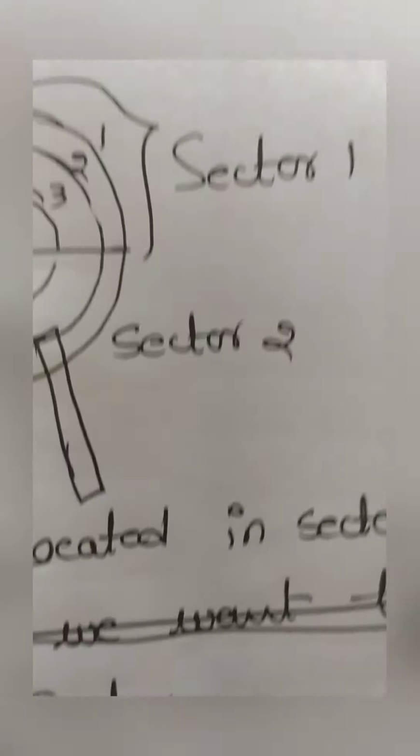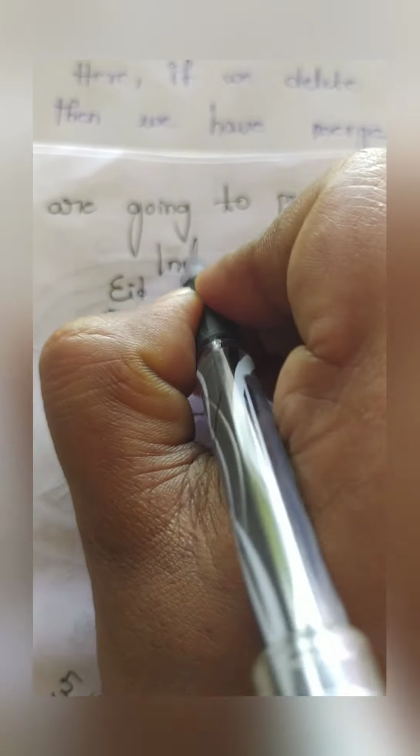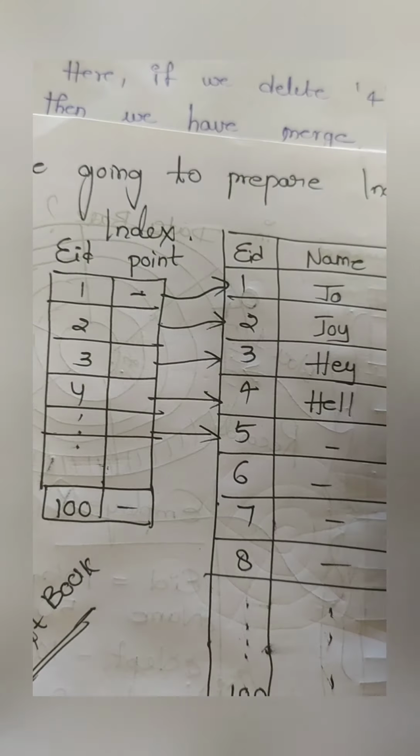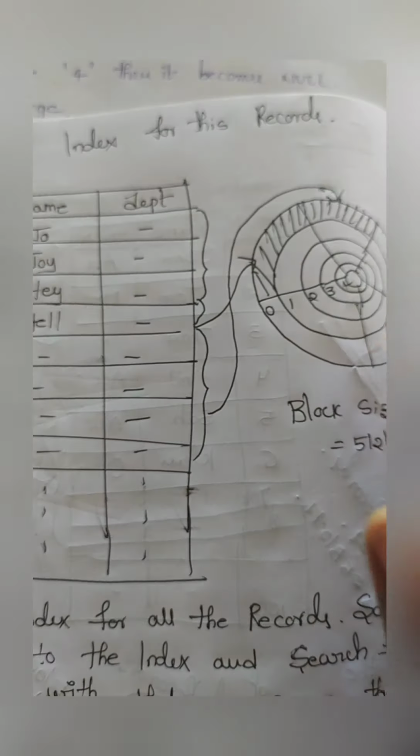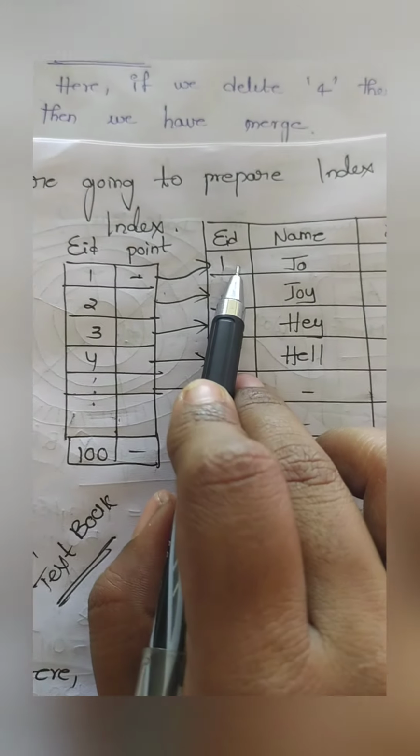Here we have taken the index as well. This is the index of an employee. It is the index which was created from the employee details: the employee id and a pointer to the employee id.